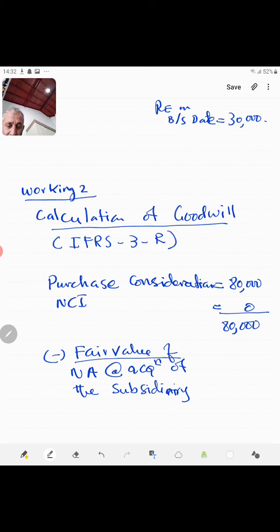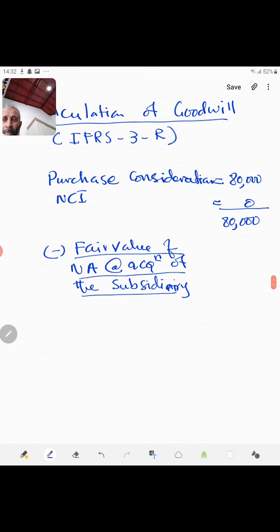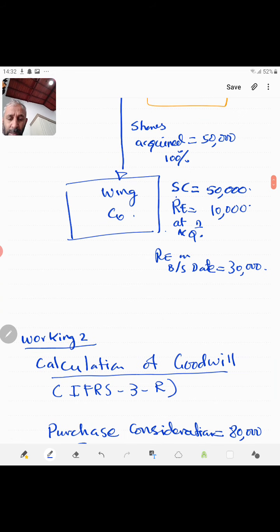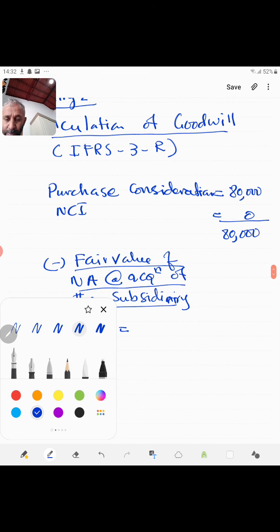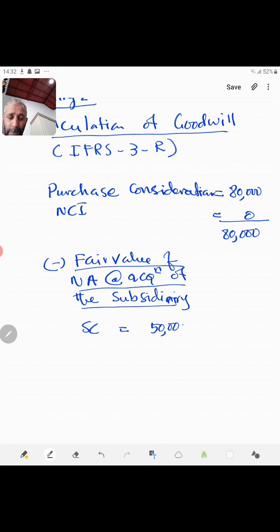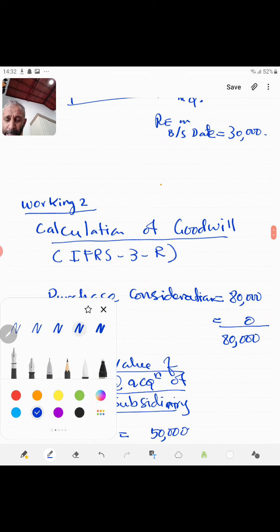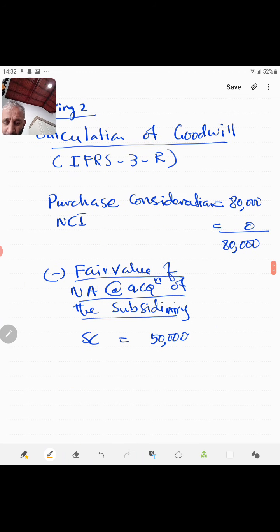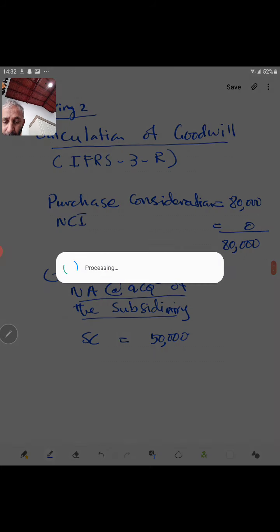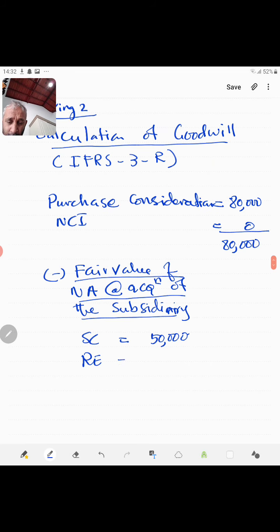Now here, the net assets comprise the share capital of the subsidiary, which you can clearly see is 50,000. We will take that. As well, we also have another element of net assets of the subsidiary, which is the retained earnings available at the date of acquisition, which is 10,000.